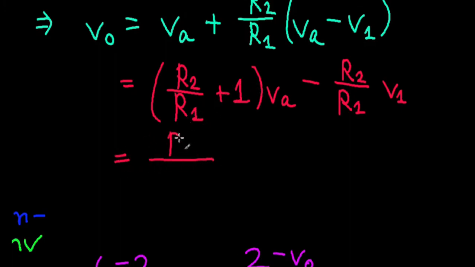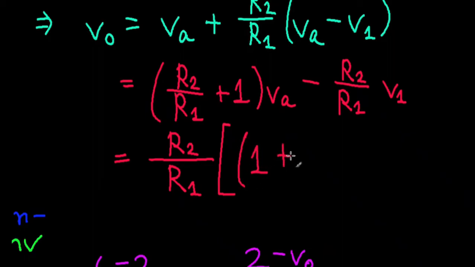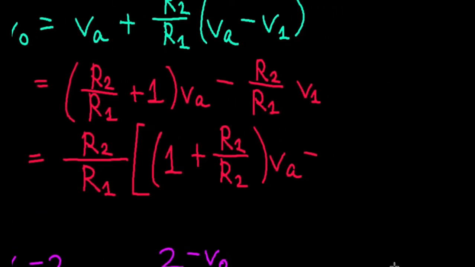So what we have is R2 by R1, and I'll put this in large brackets, 1 plus R1 by R2, right? If we factor that out from 1, we'll get the inverse of that here. So this is times V sub A minus V sub 1.